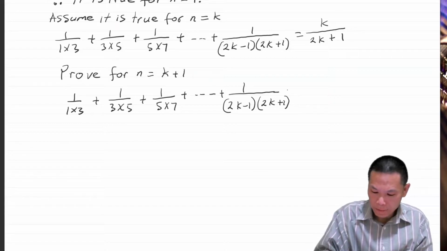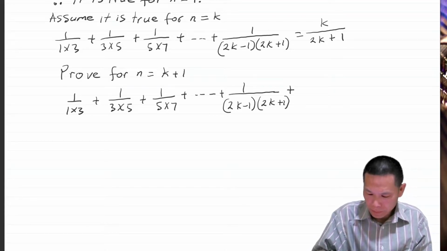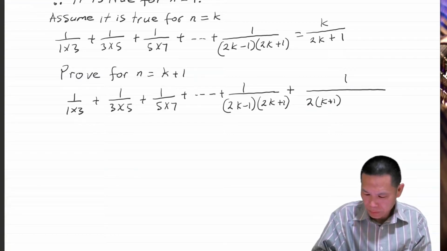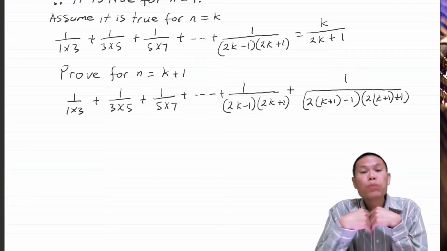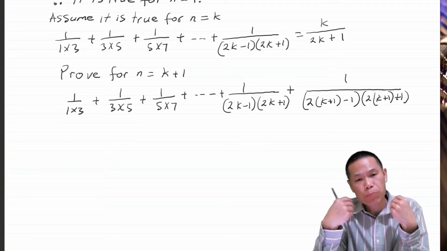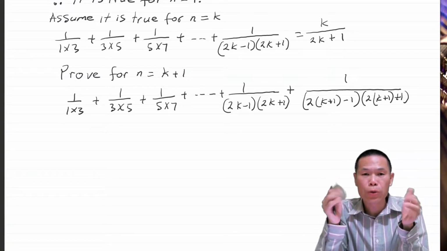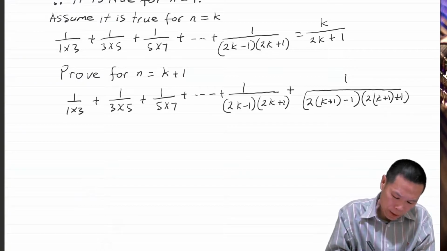So we add and 2k plus 1 add 1. So I just prove for left hand side first, and then I prove right hand side. So they should be equal. So I just write, this is left hand side.